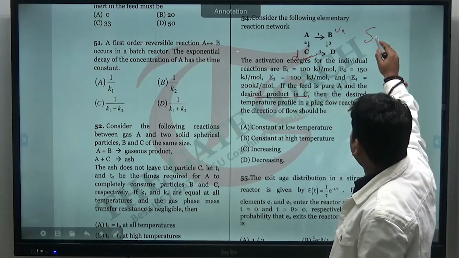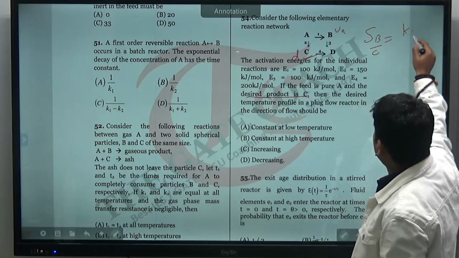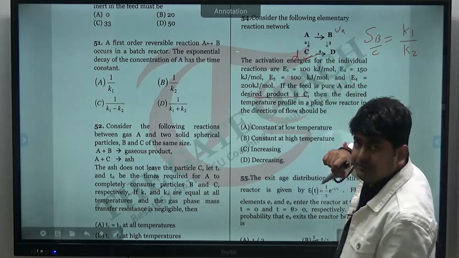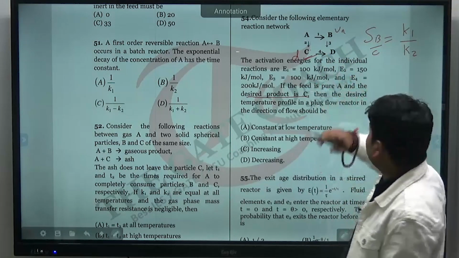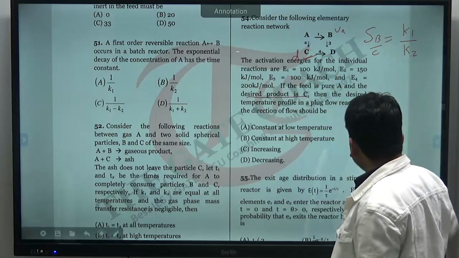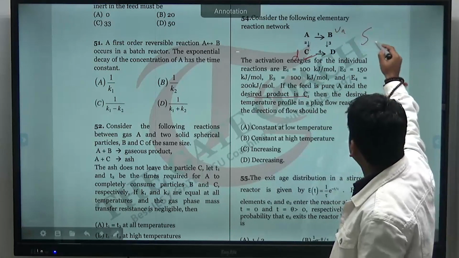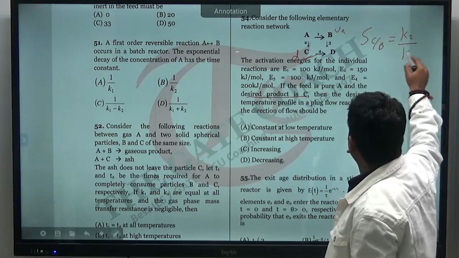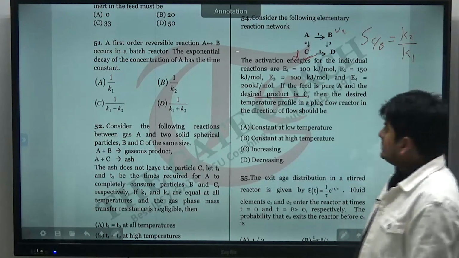Okay, so what will be the selectivity? Sorry, selectivity is desired over undesired, right? So it will not be B by C, it will be C by B. That means K2 upon K1. Yes, okay, it is desired upon undesired.